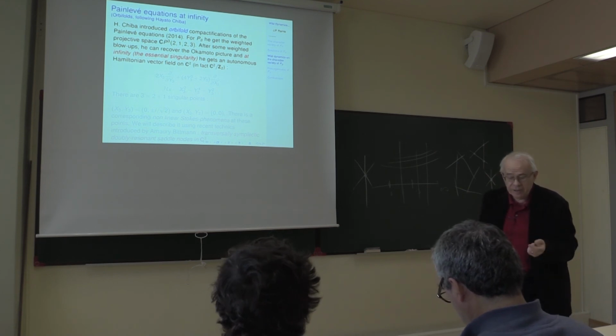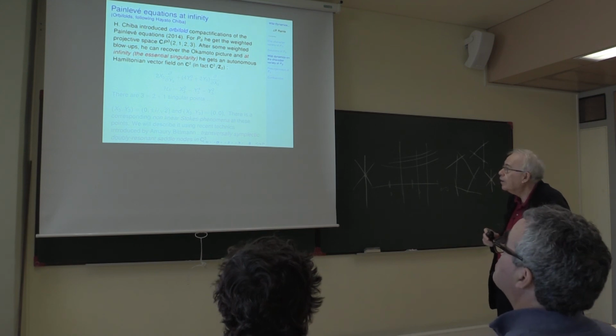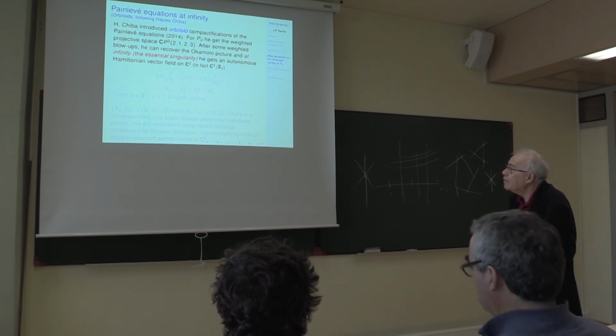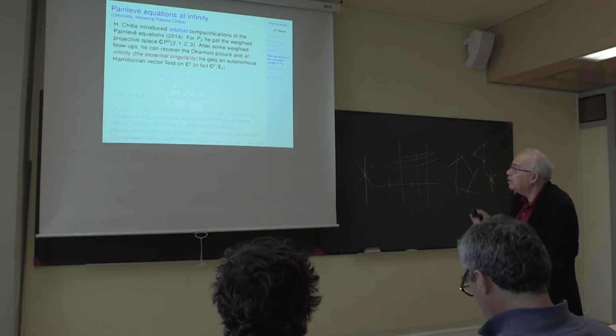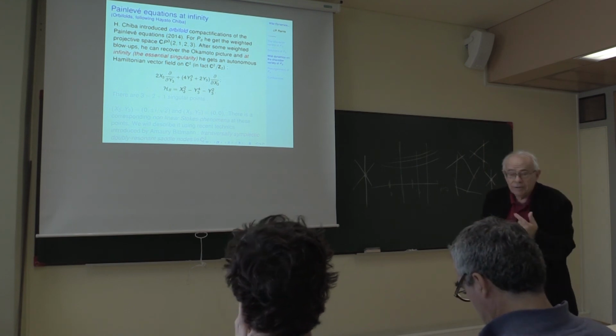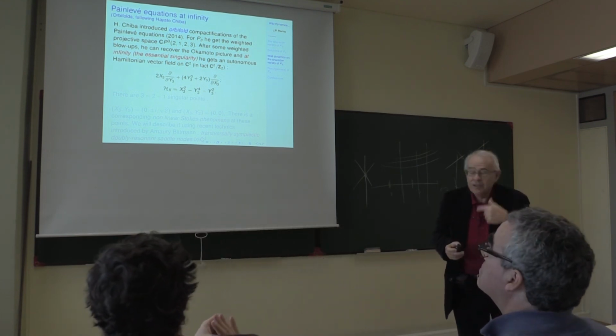So you can compactify the Painlevé equation, using the family, using the space of the solution, using orbifold compactification. Using that, you can understand what is happening at infinity.